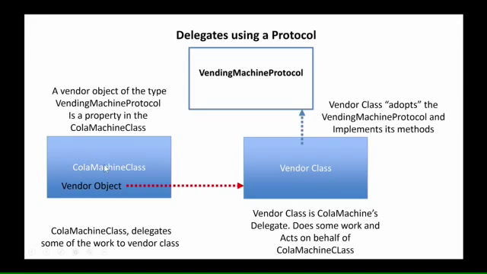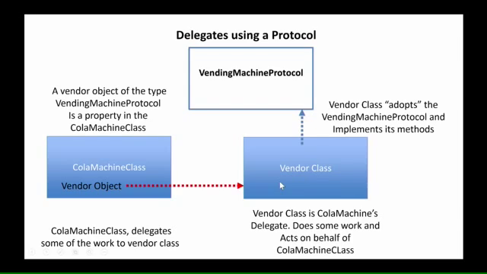Okay, so the cola machine class is going to delegate some work to the vendor class. Right? Or in other words, you could say that the vendor class is the delegate of the cola machine. Okay, where the vendor class is going to do some work on behalf of the cola machine, or it's going to act on behalf of the cola machine, or the cola machine class delegates some of the work to the vendor class.